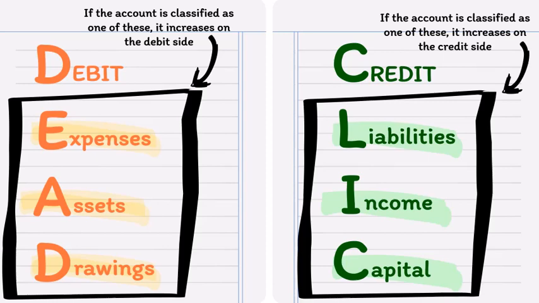And with the CLIck accounts, if they increase on the credit side, then whenever they decrease, it will happen on the debit side. For example, liabilities will increase on the credit side, but the moment we decrease the liability, we will debit that liability. Everything that I've said now will make more sense once we look at some examples.